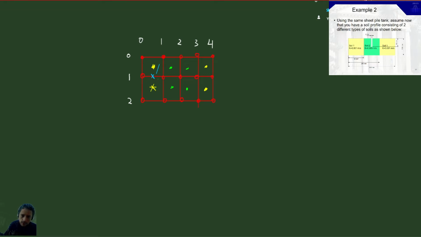So what I have to do is take the average of these two elements and find it on the kx. So I find for this node that one, that one, that one, and that one. And I do that for each of the others.